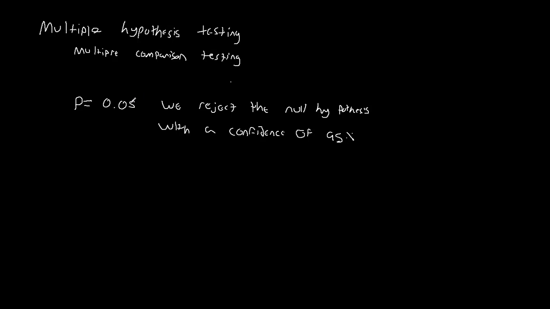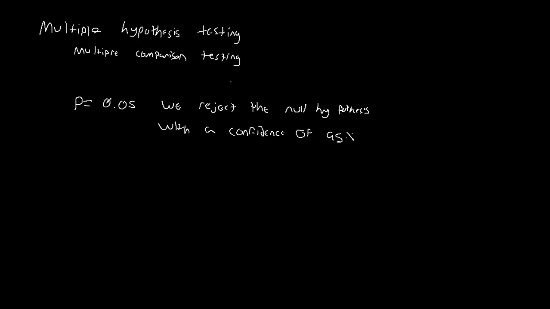So you can imagine, if we're running 100 polygons, calculating 100 p-values, we would expect, just based on 0.05, that 5% of the time when we're rejecting the null hypothesis, it's actually wrong. Let me repeat that because this is kind of important.